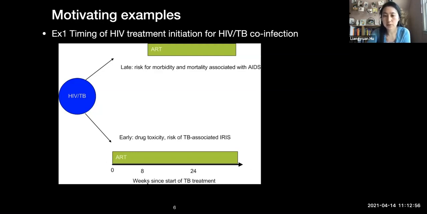But during the TB treatment, when to start the HIV treatment or ART is a very important question because early initiation obviously can increase drug toxicity and risk of TB-associated immune reconstitution inflammatory syndrome. But late initiation could also increase the risk for morbidity and mortality associated with AIDS. So the key question here is, what is the optimal timing of ART initiation? So that is time dependent and that's static.